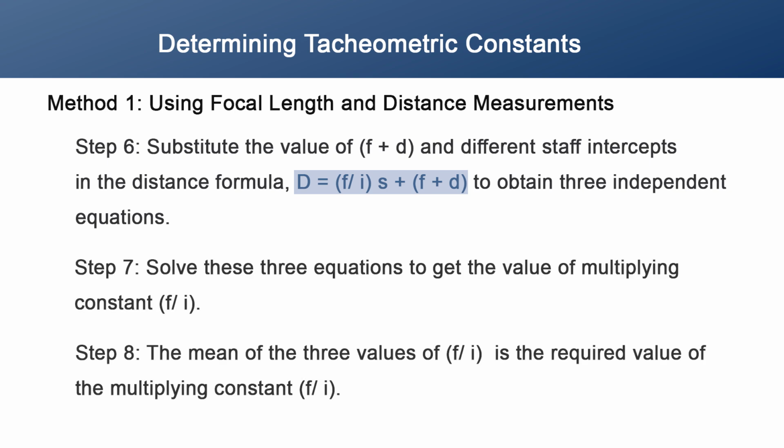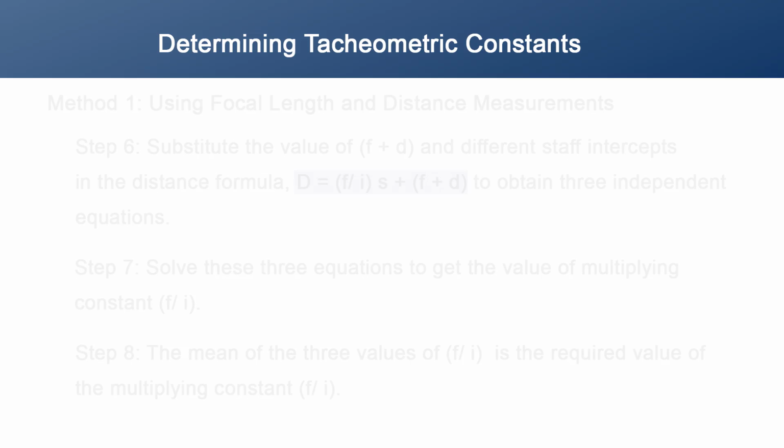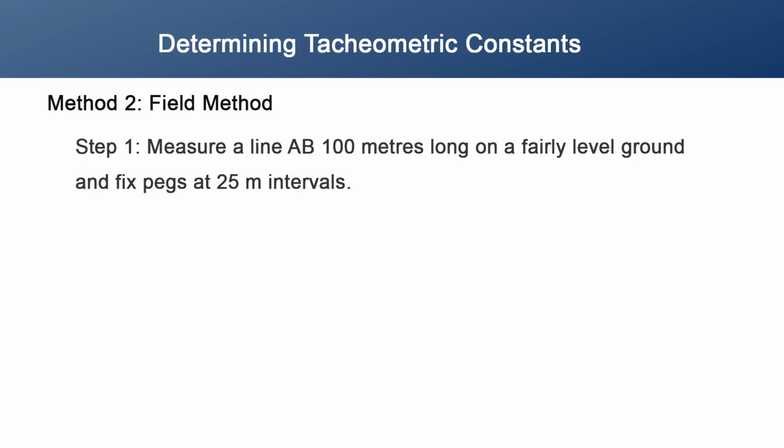In this formula, f by i is the multiplying constant, s is the staff intercept and f plus d is the additive constant. Solving these three equations will give you the value of f by i. The average of these three values will give you the final multiplying constant.